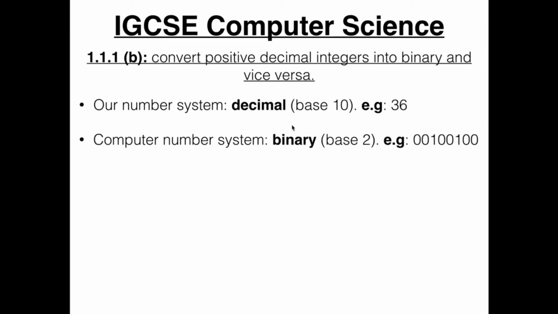The computer number system is binary, which is base 2. So a number would be something like this. In decimal, since it's base 10, only 10 possible digits exist, which are the numbers 0 to 9. And for binary, it's only 2, which are 0 and 1.